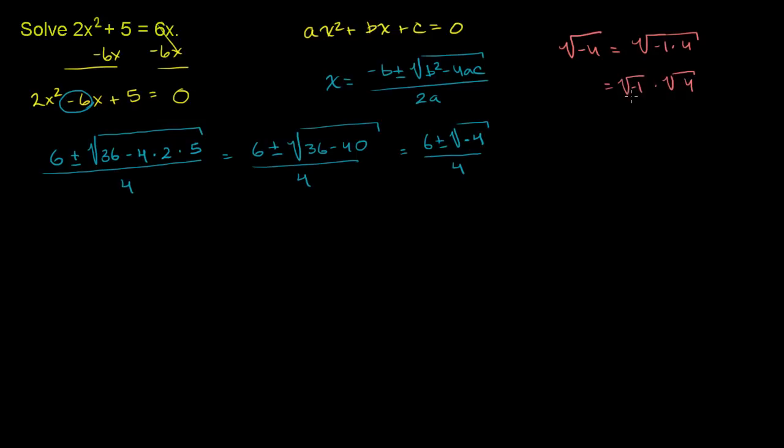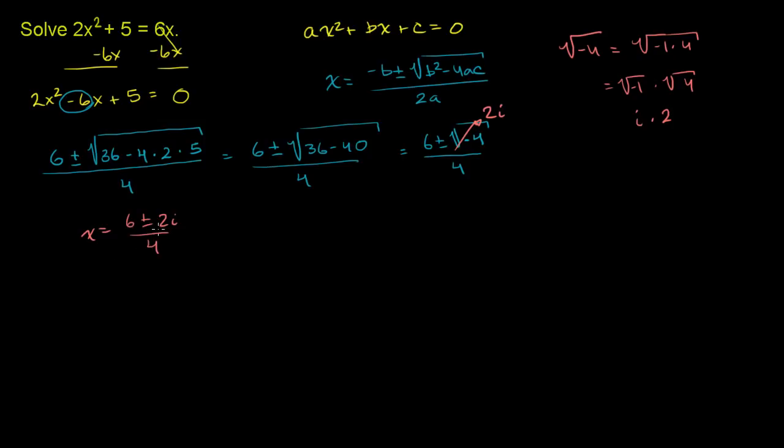And the principal square root of negative 1 is i, times the principal square root of 4 is 2. So this is 2i. So we are left with x is equal to 6 plus or minus 2i over 4.